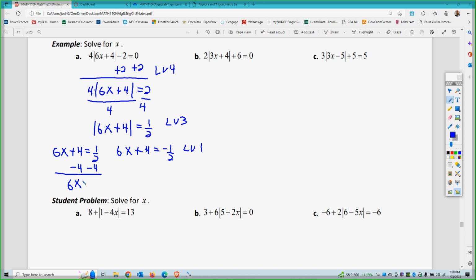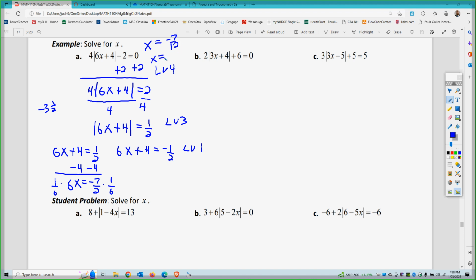So 6x equals, this is really 3.5, or negative 3.5. That's negative 7 halves, if you think about it. So I'm going to multiply it by 1/6. So what I really get here is x equals negative 7/12.